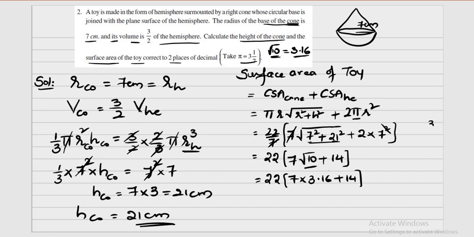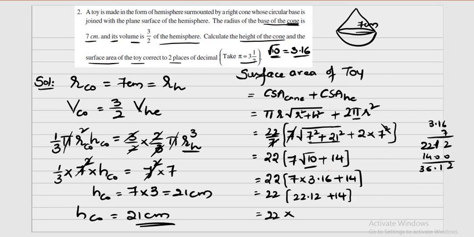When I multiply 3.16 with 7: 7 6s are 42, 4 is carried, 7 1s are 7 plus 4 is 11, 1 is carried, 7 3s are 21, 22. So I can write it as 22 into 22.12 plus 14. When I add 14 here, the value within the brackets becomes 22 into 36.12.